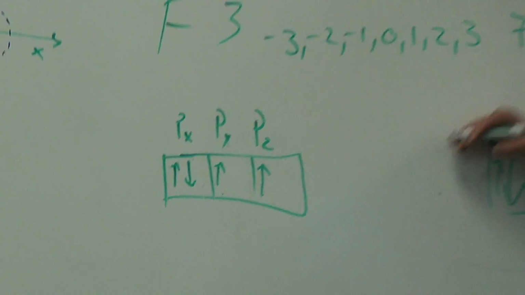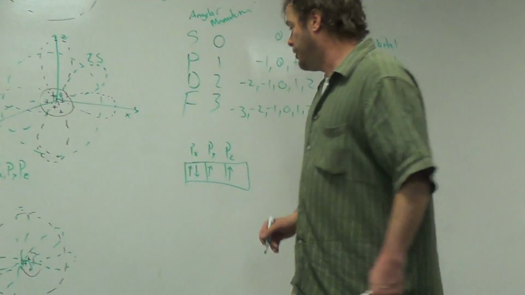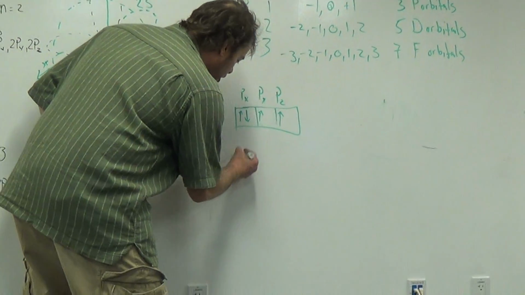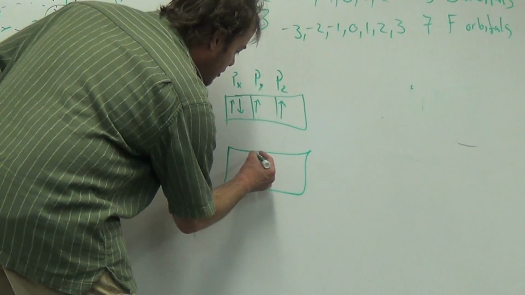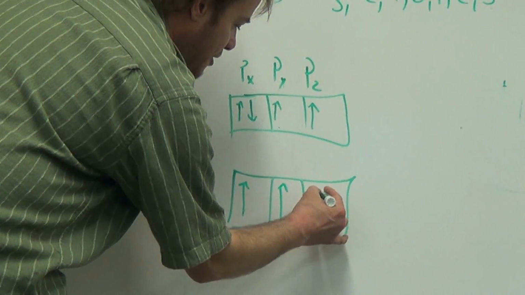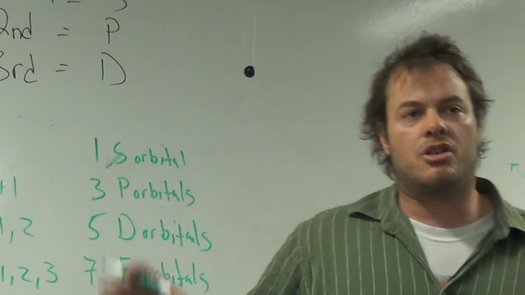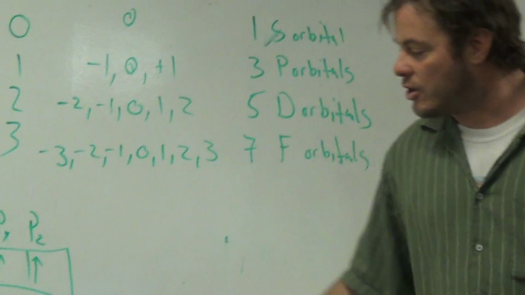Also, if you'll notice, when I first drew this, and I placed my first three electrons, I drew all of these guys with the arrow pointing up. The direction of the arrow indicates the spin of the electron.